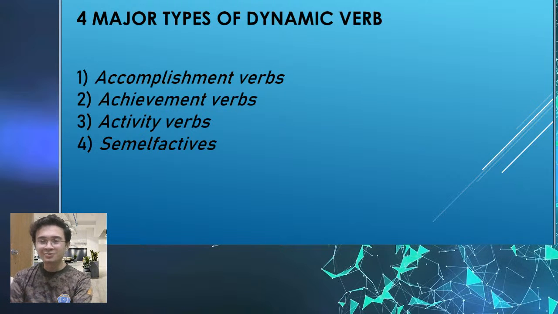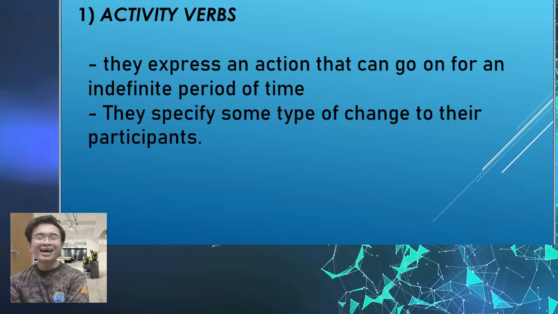So this time, let's talk about activity verbs. Activity verbs express an action that can go on for an indefinite period of time. So it means this kind of action shows some process, or maybe some action that can continue for a longer period, or maybe for a shorter period, because we don't know exactly how long this action will finish.